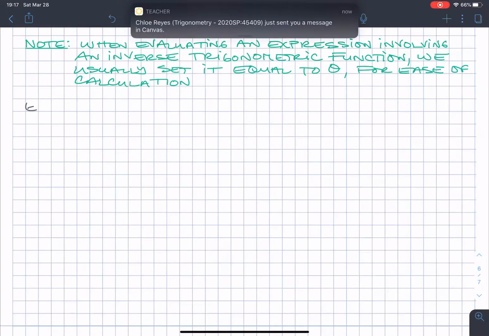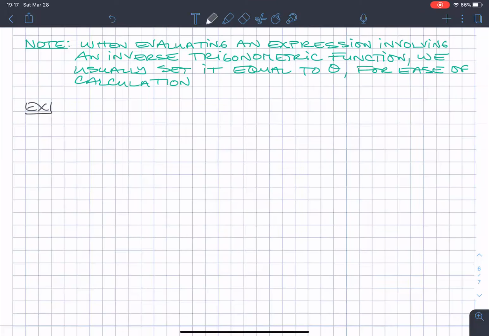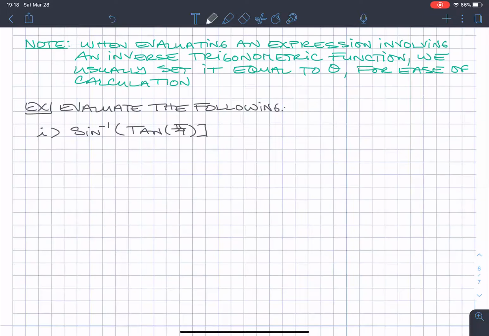So for example, let's evaluate the following. Number one, let's say I have inverse sine of tangent of pi over 4. Actually, let me make that a bracket on the other side.